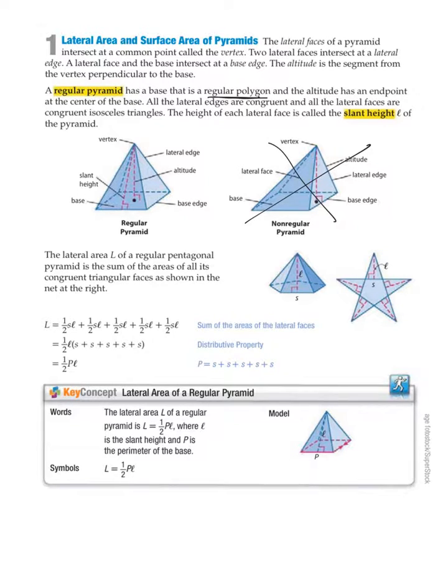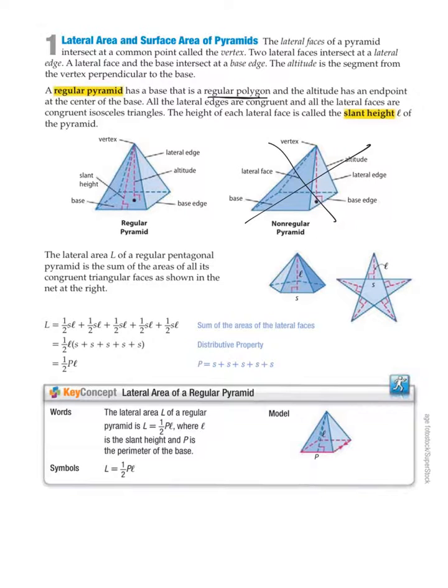Now let's look at all the pieces here, and these are really, really important for you to know. One good thing about the pyramid and the cone is you just have one base. And it's always easy to decide which surface is the base.